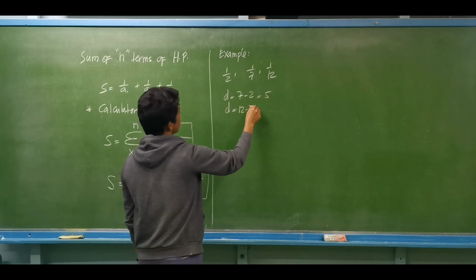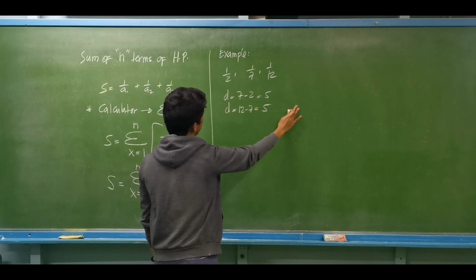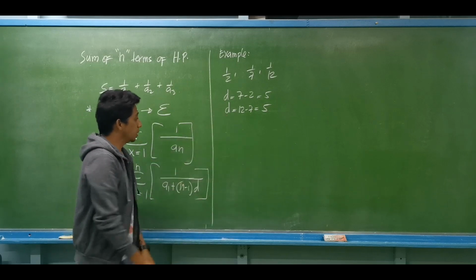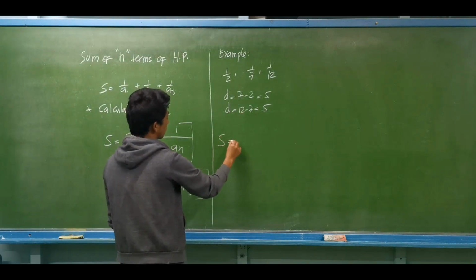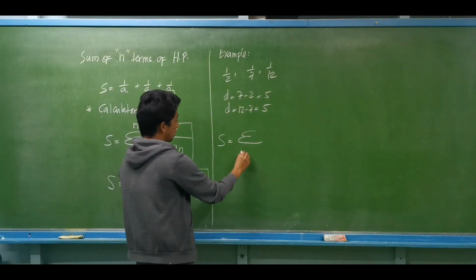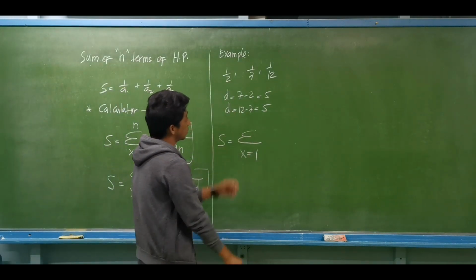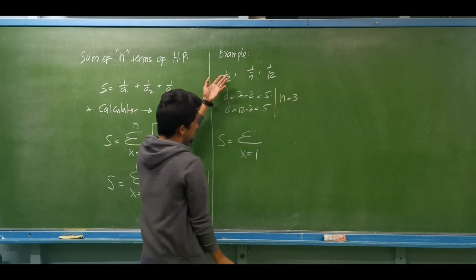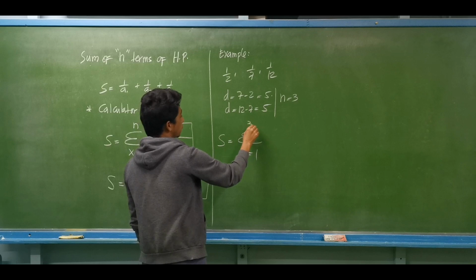We have 12 minus 7, which is also equal to 5. So we need the common difference. Then we use the sigma function of the calculator, from x equal to 1 up to 3, since we have 3 terms.